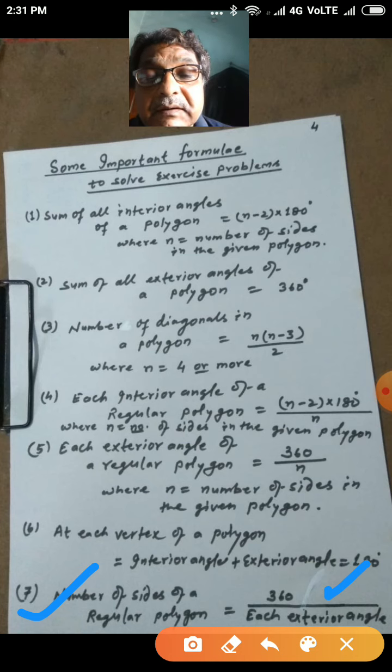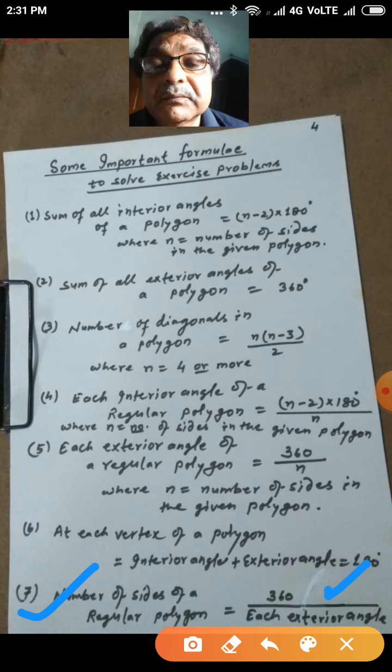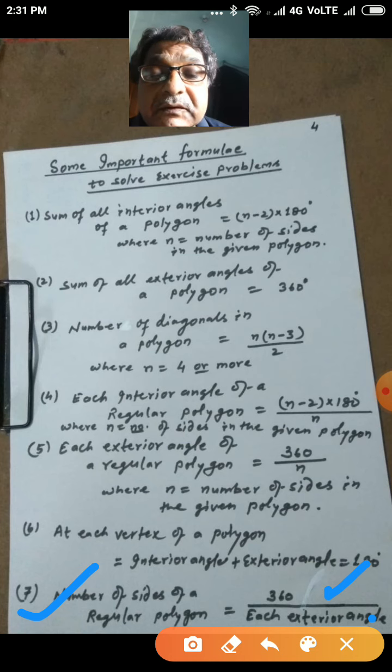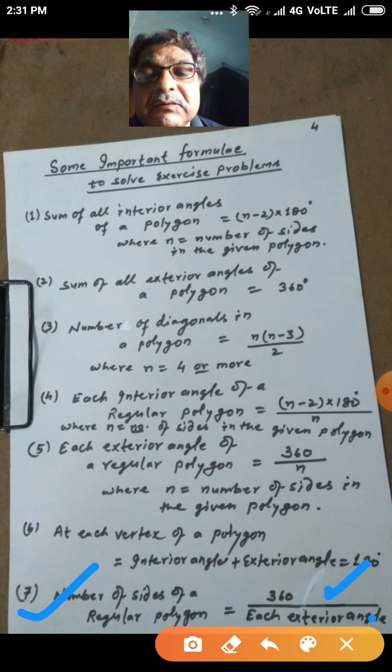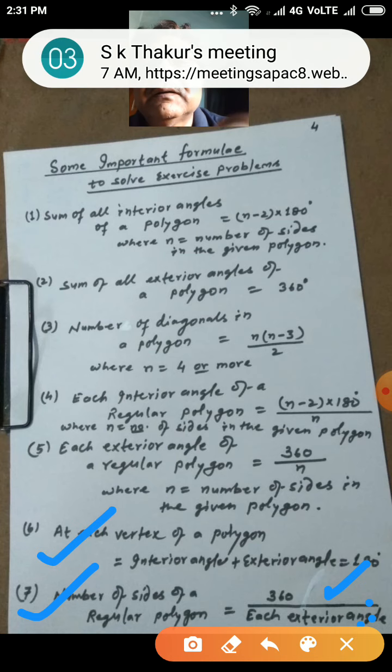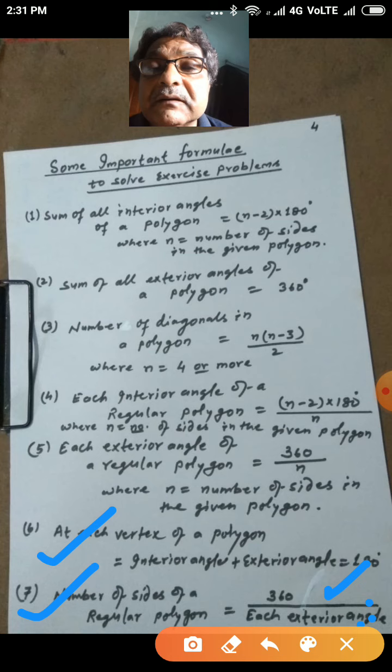But you see, the formula involves each exterior angle. Suppose each exterior angle is not given but the interior angle is given, then we can also use this formula, because first we use the above formula where interior angle plus exterior angle is equal to 180.